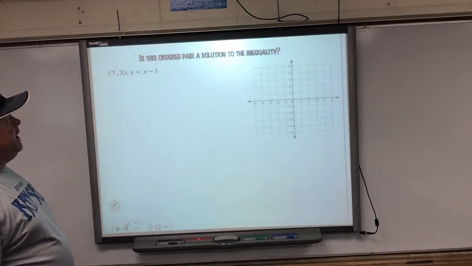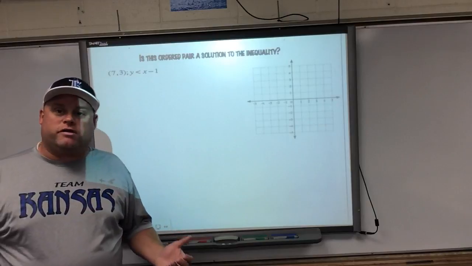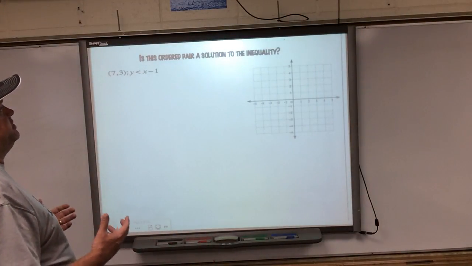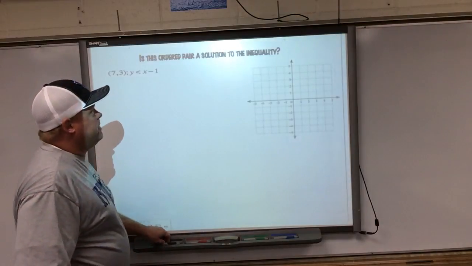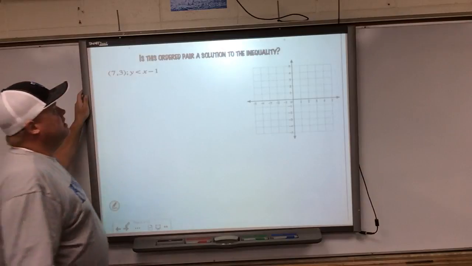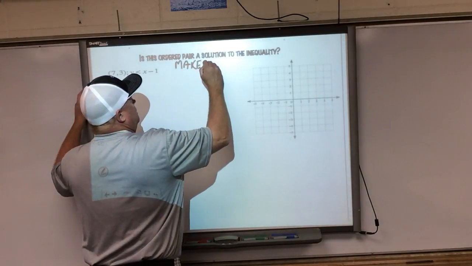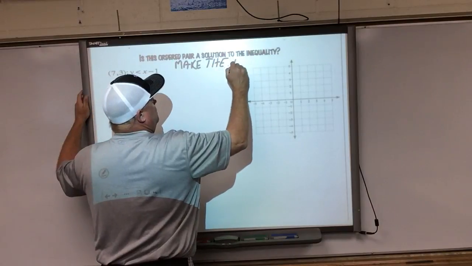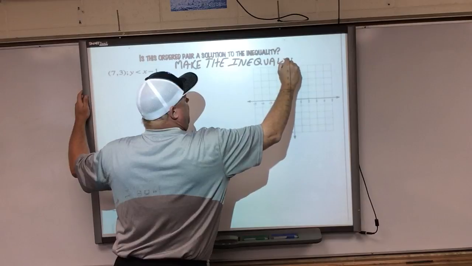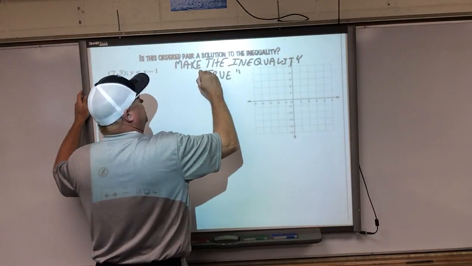Is this ordered pair a solution to the inequality? Well, you have to think about what they're asking you here. Basically, they're asking, for this ordered pair, 7, 3, does this make the inequality true?